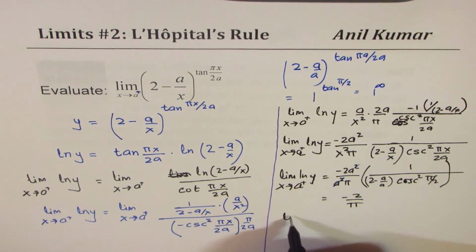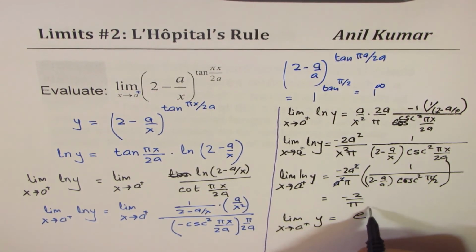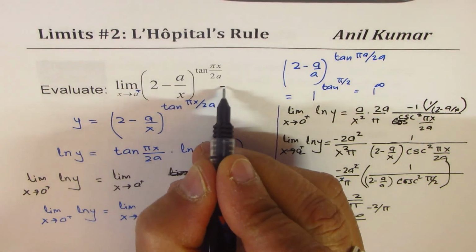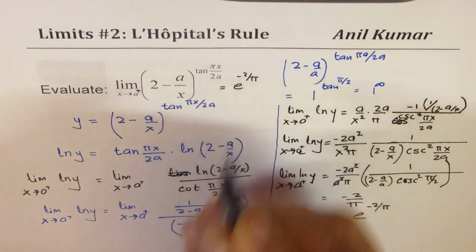Therefore now we can write the limit when x approaches a from the right side for y equals e to the power of minus 2 over pi. Do you see that? So that becomes our answer. So the limit of this function is e to the power of minus 2 over pi.